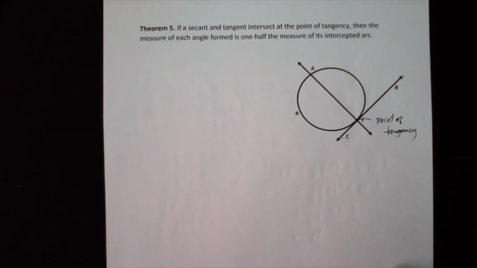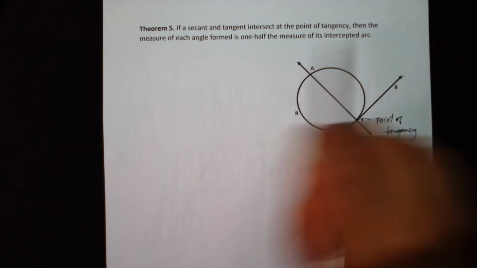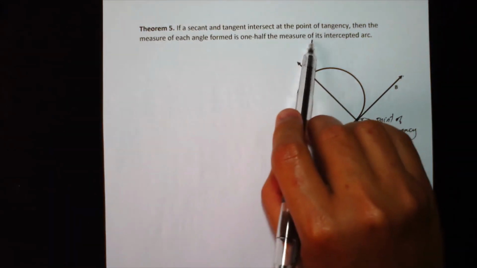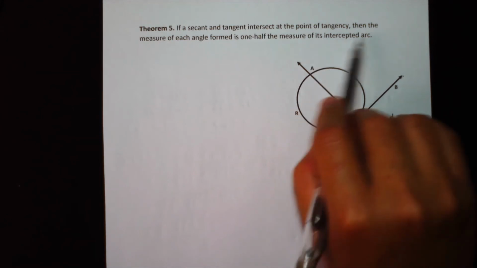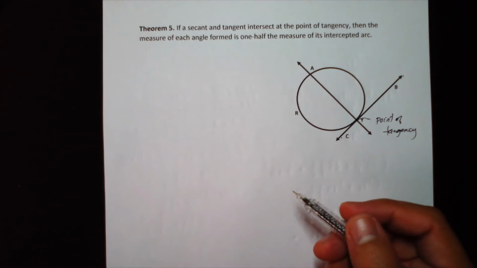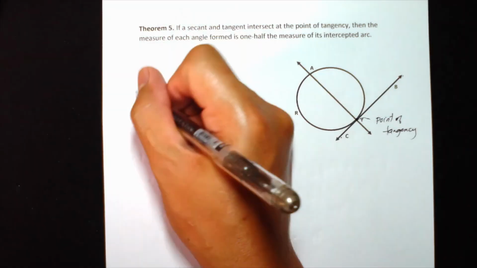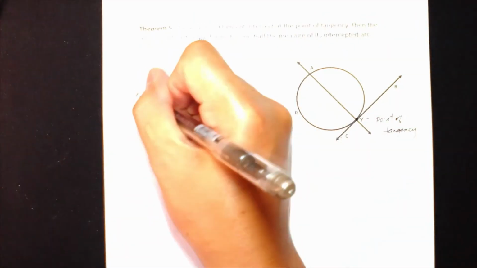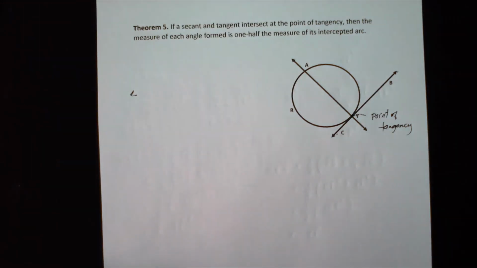Based on the theorem, the measure of the angle formed is 1/2 the measure of its intercepted arc.